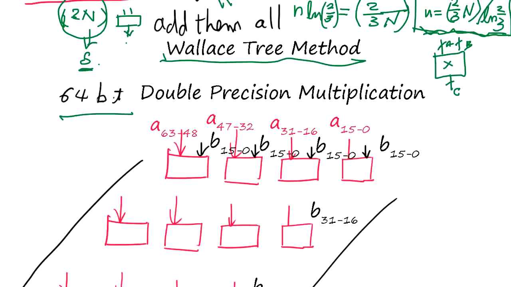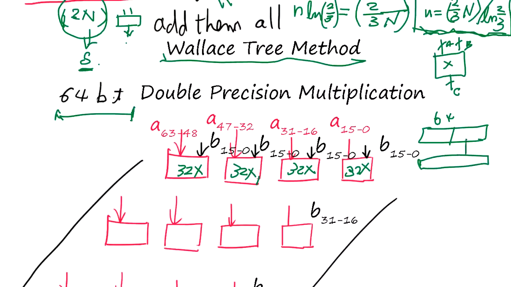So 64-bit double precision is going to be quite a lot. Say you have 32-bit multiplier hardware, which is a lot of hardware in the CPU. It's bigger than the ALU. So with a 32-bit multiplier, when you do 64-bit multiplication, you have to divide into 2 sections, and multiply this with this, this with this, and this with this.